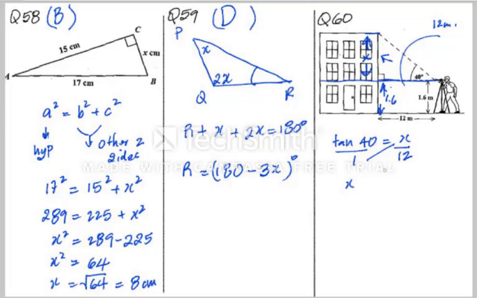So x is equal to 12 tan 40. All right. Now the height of the building would be equal to 1.6 plus x, which is 12 tan 40. So the answer there is D.